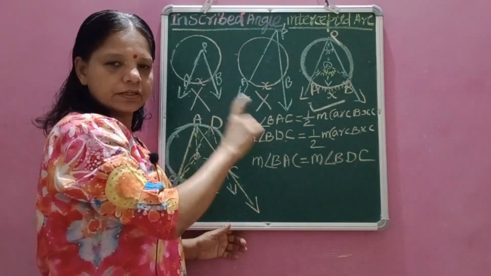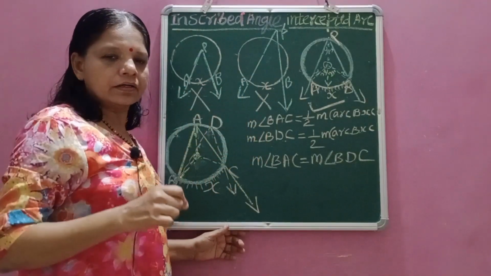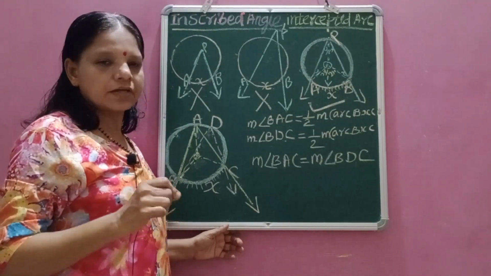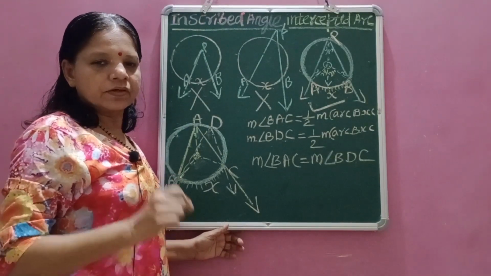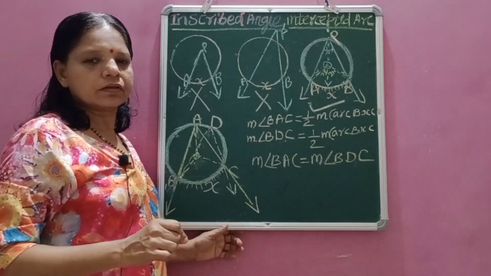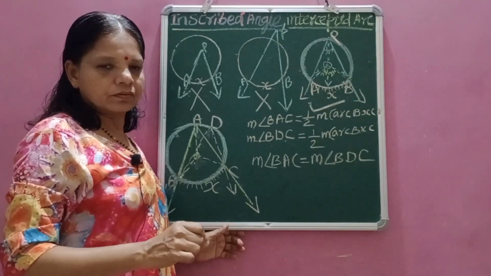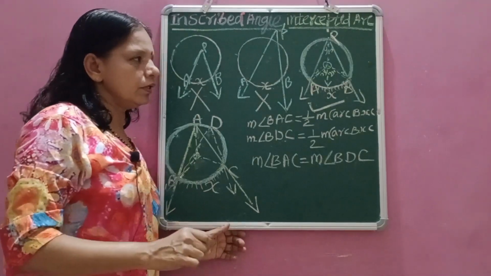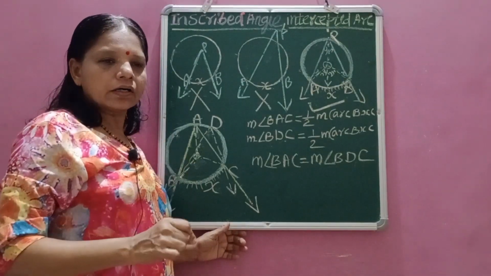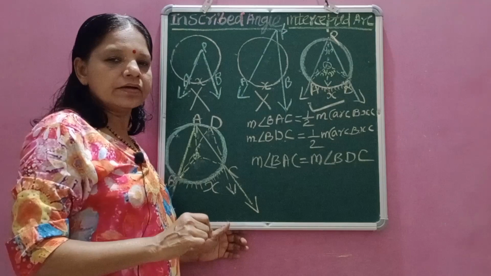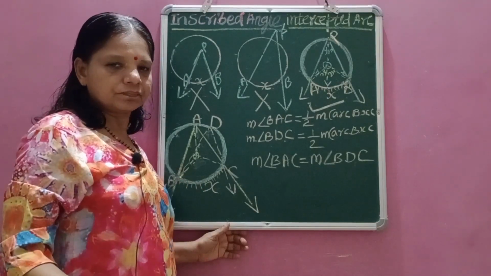So what is the condition for an angle to be said to be inscribed? The vertex should be on the circle, or the vertex should be on the arc in which it is inscribed.